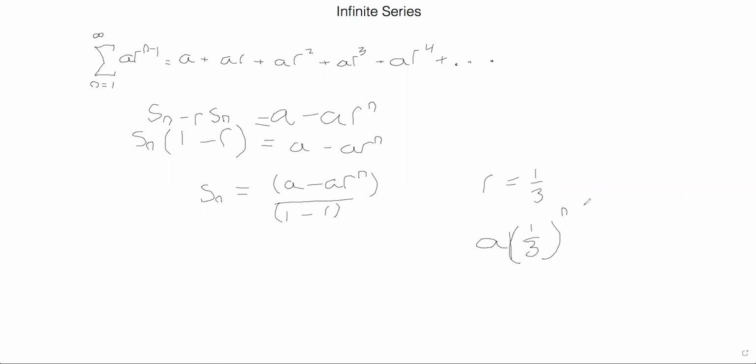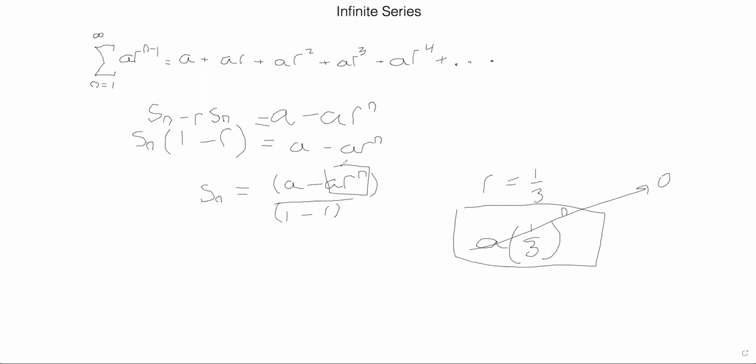So what happens as n gets larger and larger and larger? What value would it tend to? 1/3 to the n would just keep getting smaller and smaller and smaller. So as n approaches infinity, this whole thing would actually just approach 0. That's why it's really important to understand what kind of a number r is. If r is 1/3, this whole thing approaches 0.